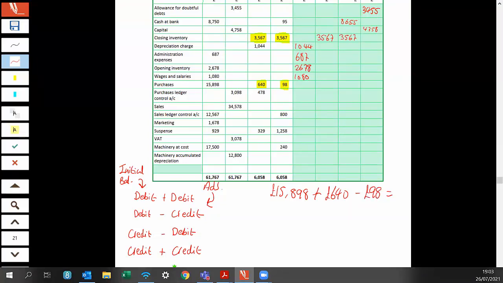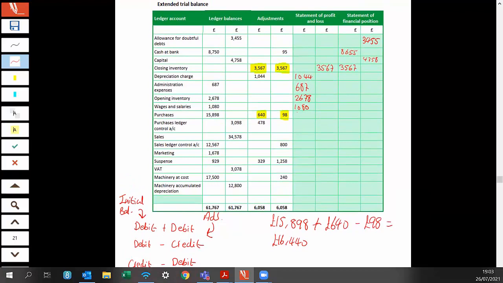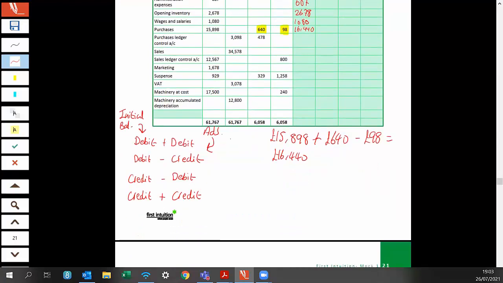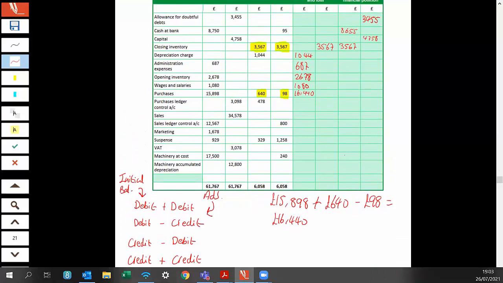Providing we've done that correctly, we should get a figure of 16,440, which will be recorded in our profit and loss. 16,440. So just because there's a couple of adjustments, we don't do anything different. We're essentially just adding another step onto the balances that we looked at originally.